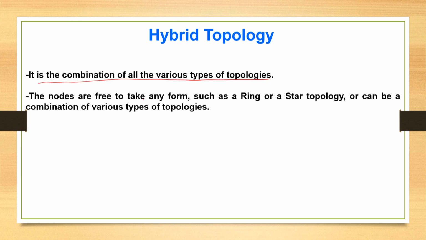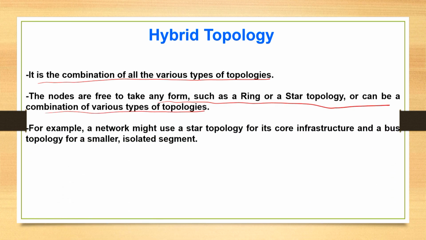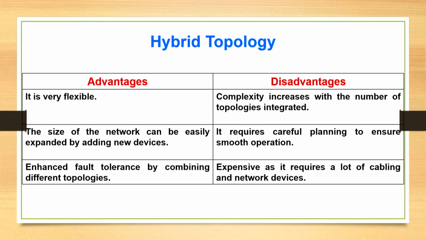The nodes are free to take any form such as ring or star topologies, or can be a combination of various types of topologies. For example, a network might use a star topology for its core infrastructure and a bus topology for a smaller isolated segment.